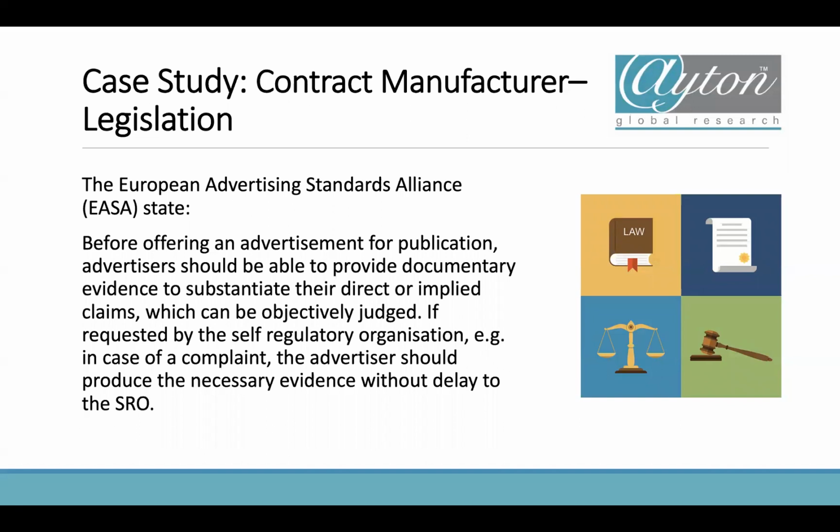It's not ideal. You should have the evidence before your product goes on the market. That's the idea, because if someone complains about it, you don't have time. If you've got a 4-week claim and the ASA said they need your evidence today about your product, you can't really wait 4 weeks to get those products tested. Make sure you've got your evidence beforehand. But if you don't, we can certainly help and get that evidence retrospectively.